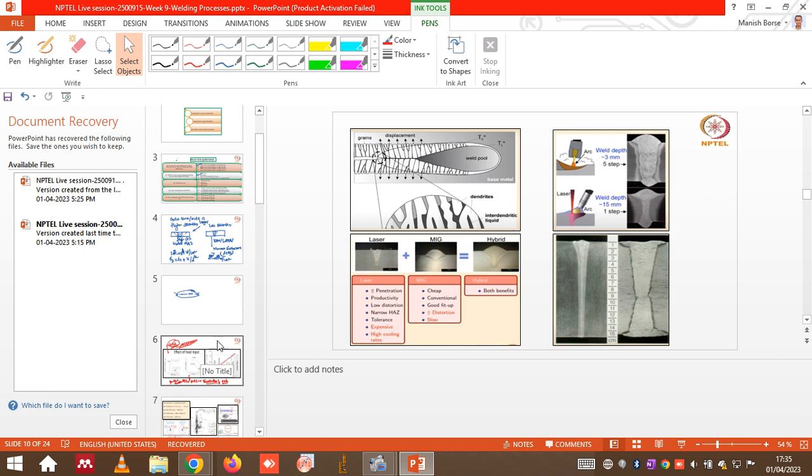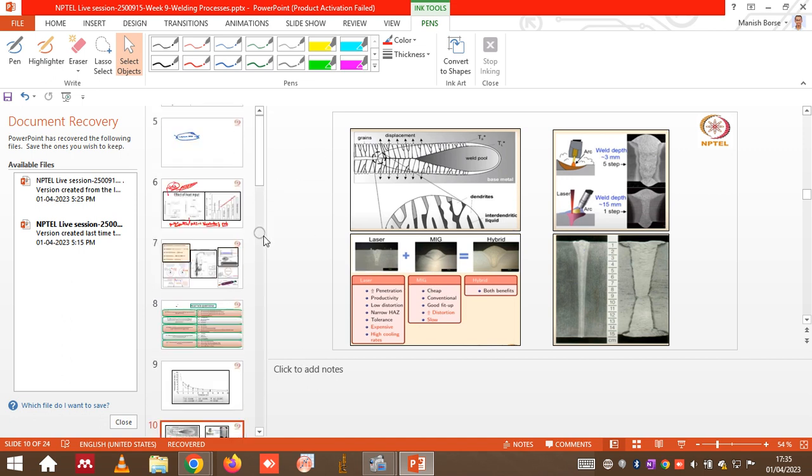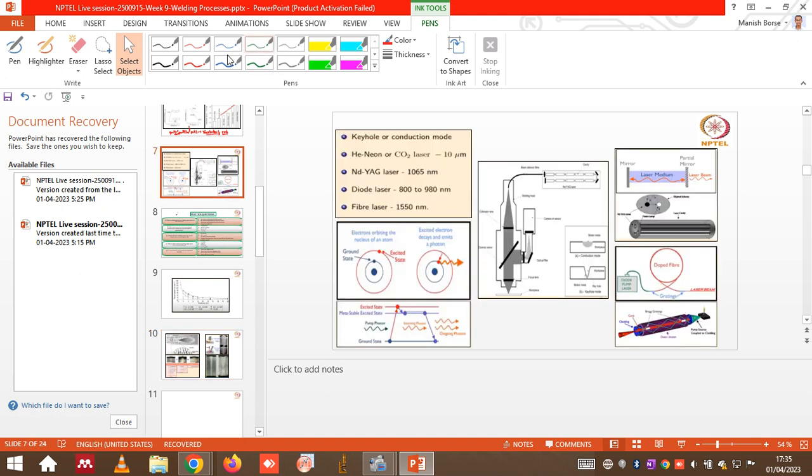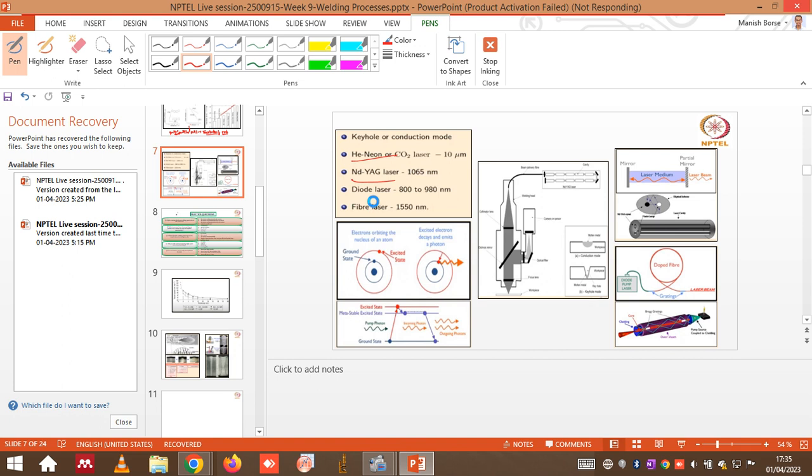Okay, so before going through these questions, we can again revise this basic, that in laser beam welding, we can use different types of laser sources, like solid state laser, like neodymium doped yttrium aluminum garnet. Okay, and also gas type of laser, and also diode type of laser and fiber laser.